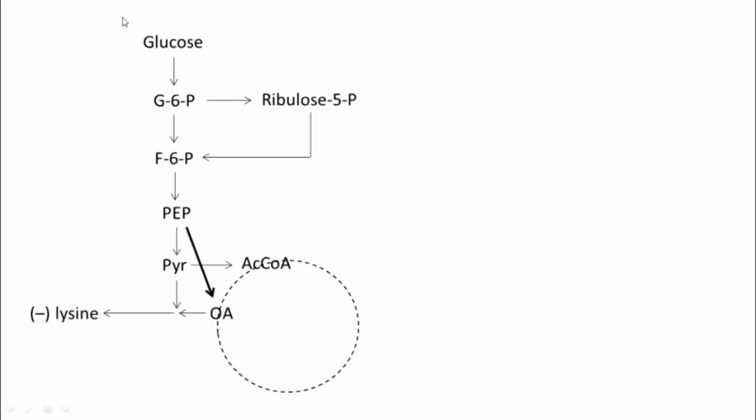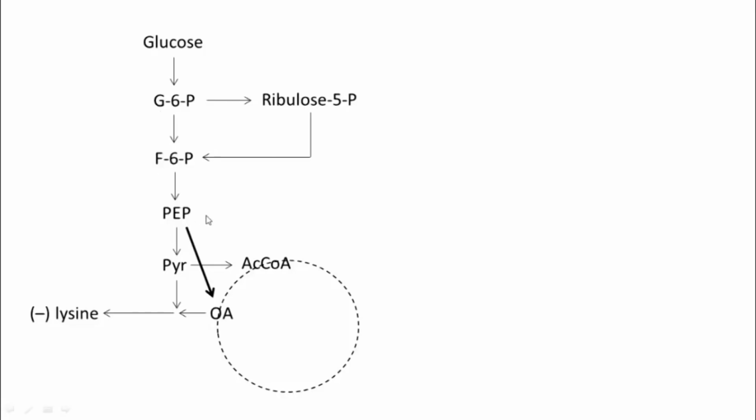So some details. This is the primary pathway that we should be interested in for lysine production. This is a part of glycolysis, glucose going to glucose 6-phosphate to fructose 6-phosphate to phosphoenol pyruvate to pyruvate. And then there is this branch point which is important here: glucose 6-phosphate through ribulose 5-phosphate comes back to fructose 6-phosphate.